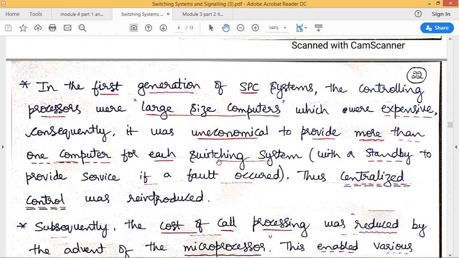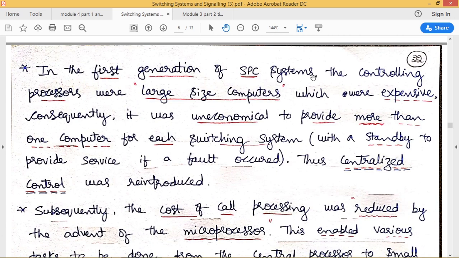In the first generation of SPC systems, the controlling processors were large computers. Generally inside this SPC exchange, we used large computers, which are also more expensive. It is also uneconomical to provide more than one computer for each switching system.